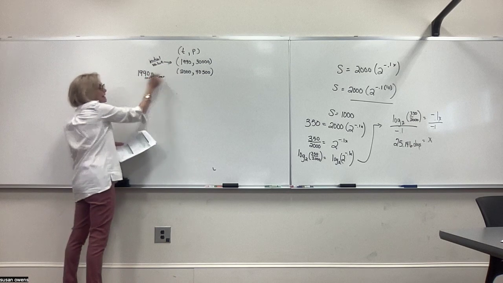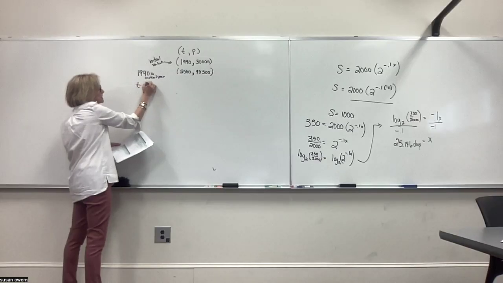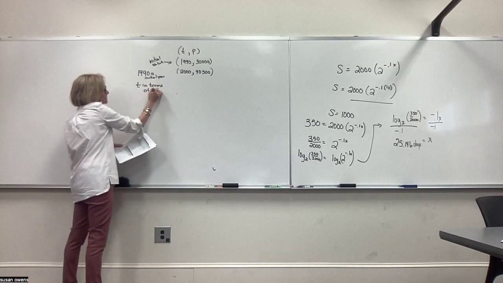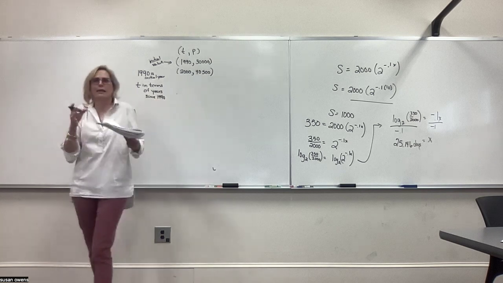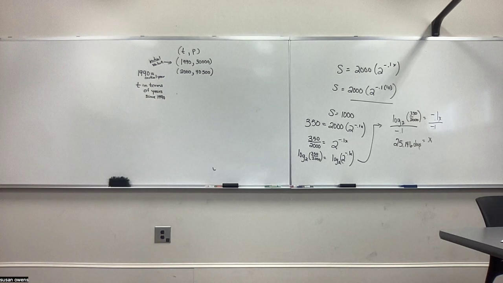So this is T in terms of years since 1990. Okay, so just think about that. I don't know what the population was in year 0, so I picked the earliest one to be my initial year.